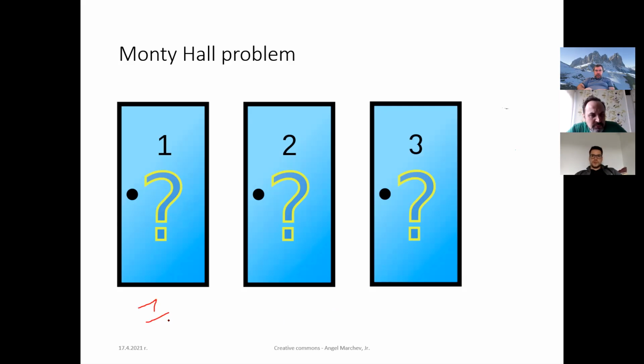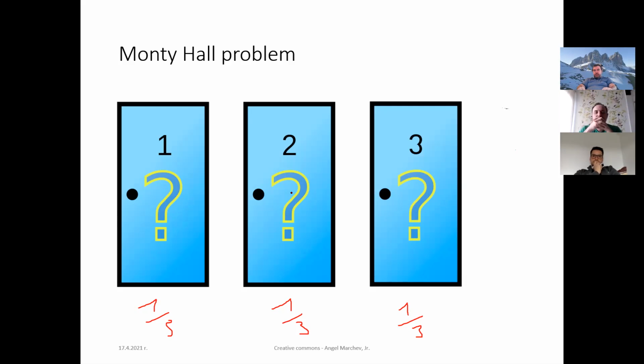So it's going to be 1/3 here, 1/3 here, and 1/3 here. Since we don't have any other information, all these doors look the same. There is no reason to prefer one or another. This is a correct estimation of the probability.